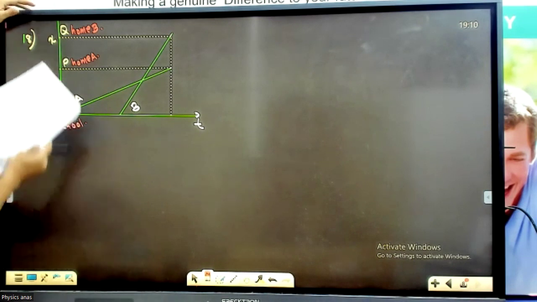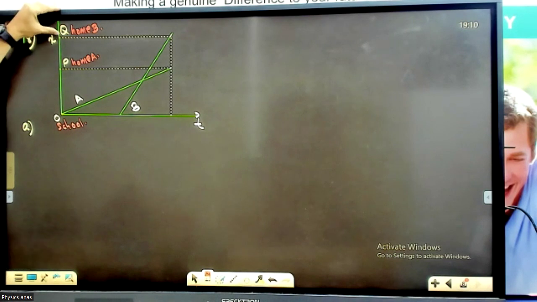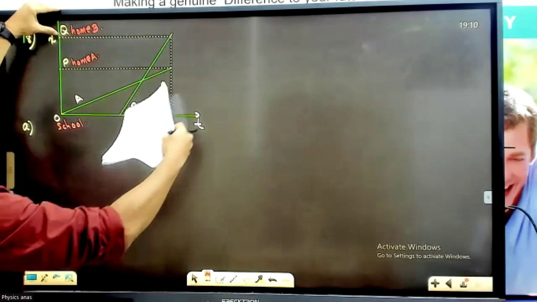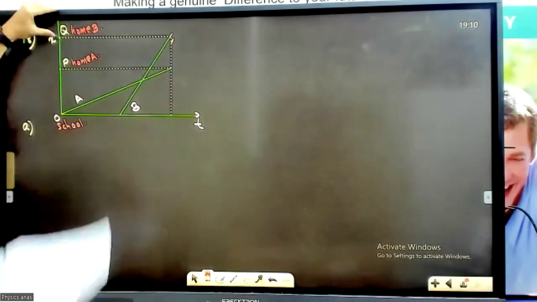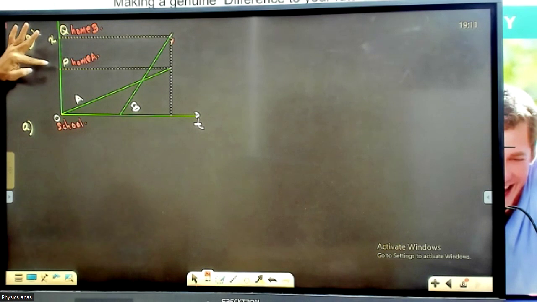So this is displacement from the school. Who has greater displacement from the school? B has greater displacement from the school, right? A has lesser displacement from the school. That means A is closer to school.